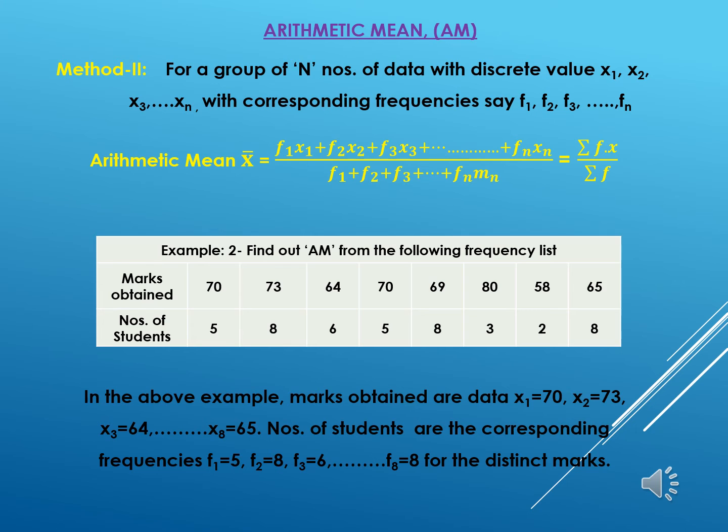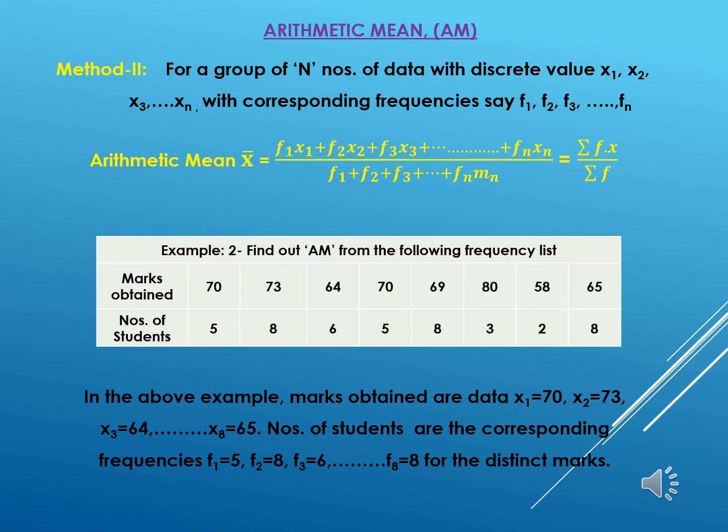So in such a case, having frequencies of the data, we will use method 2 as we have already discussed, which is x bar equal to f1 into x1 plus f2 into x2 plus f3 into x3 plus ... fn into xn, divided by the summation of the frequencies.